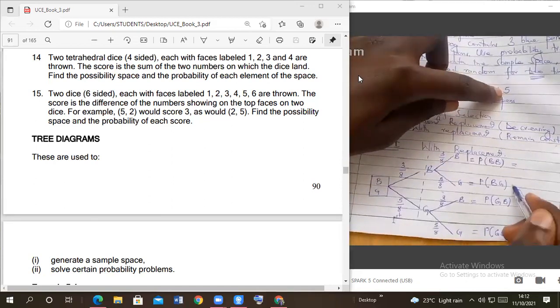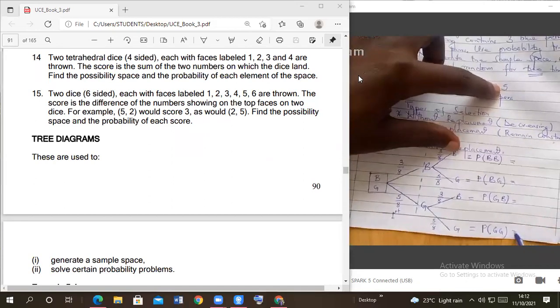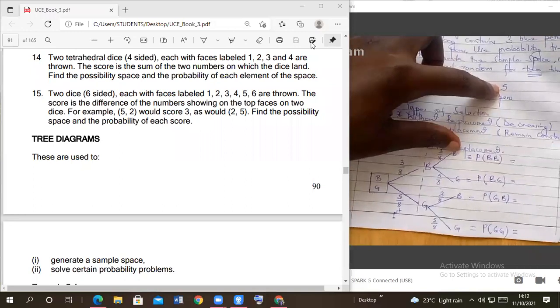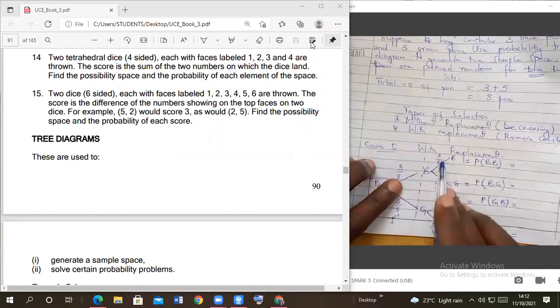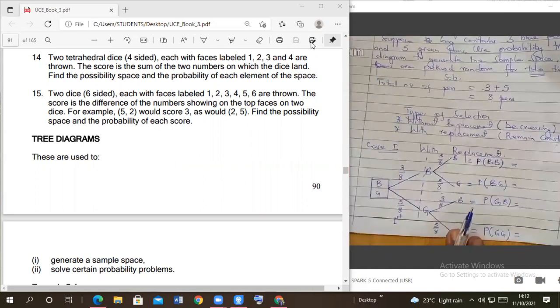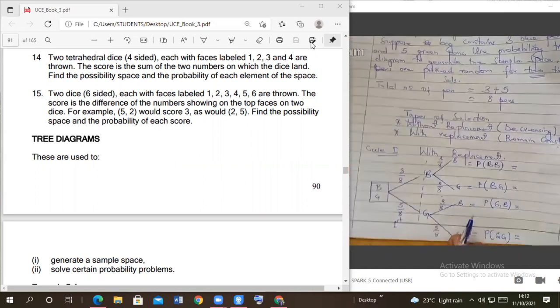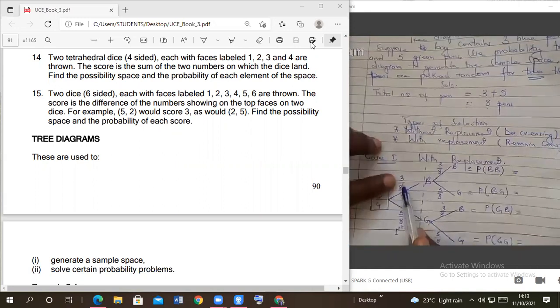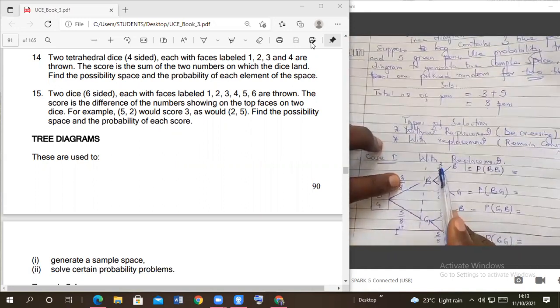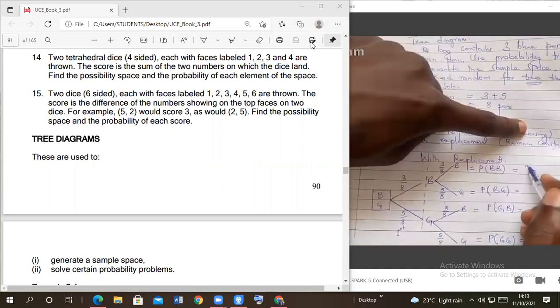So now to get the probability, you multiply each branch. So we are going to have 3/8 times 3/8. What do we get? What do you get, members? 3/8 times 3/8. You shall have 3 times 3, that is 9, not so?